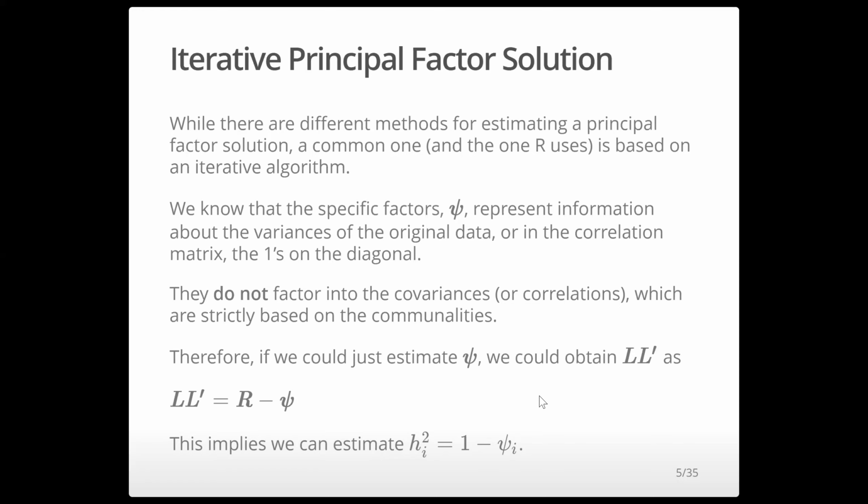So therefore, if we could just estimate psi, we could get our L L transpose, our loadings matrix, our communality matrix, just by subtracting psi from the correlation matrix, which also means that we can get our communality estimates as 1 minus the uniqueness estimates.